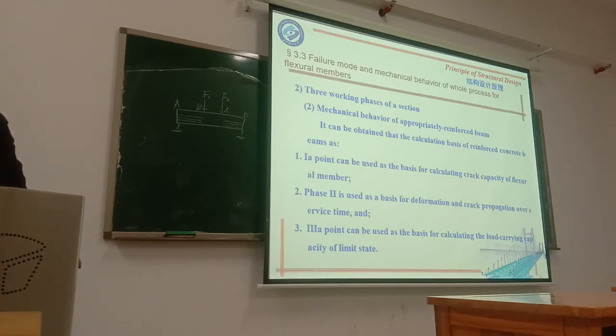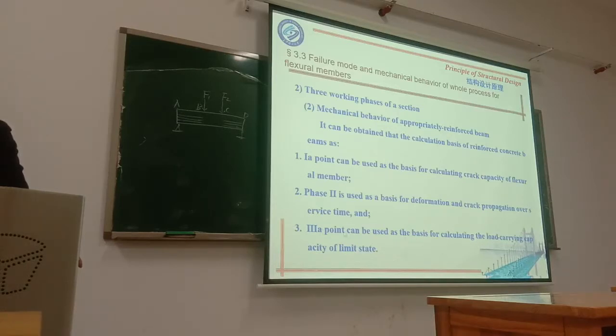And the end of phase 3 can be used as the base for calculating the loading capacity for the limit state. Because end of phase 3 means once the load is larger than this point, the beam is going to collapse. So that's the biggest capacity for bearing load.